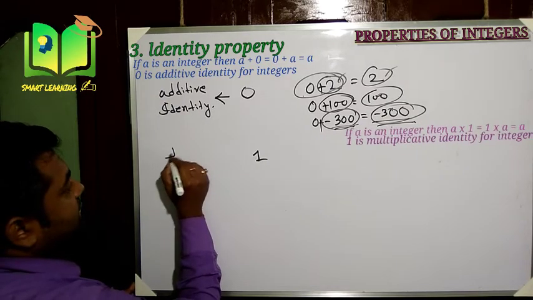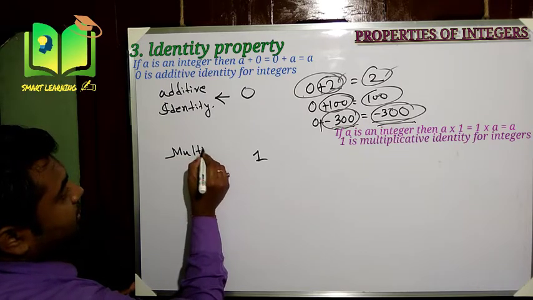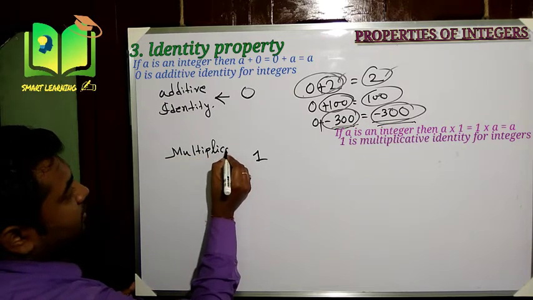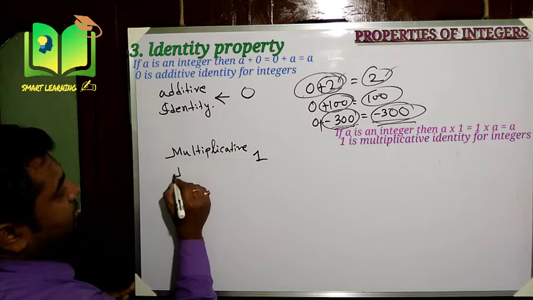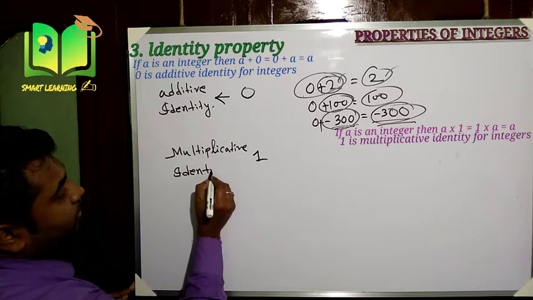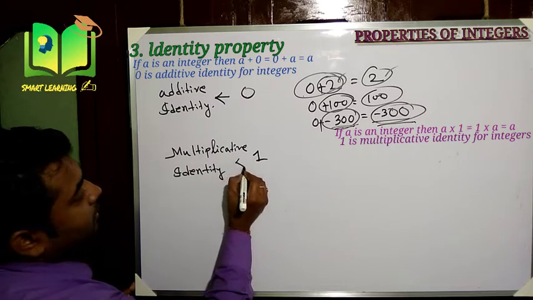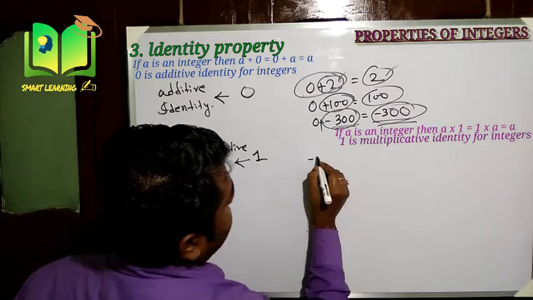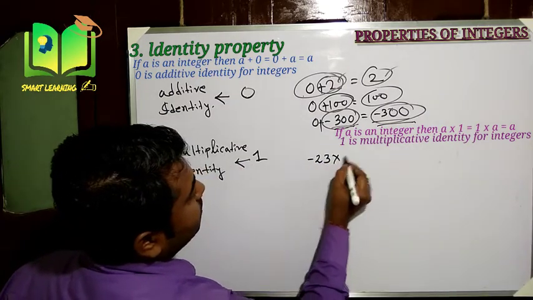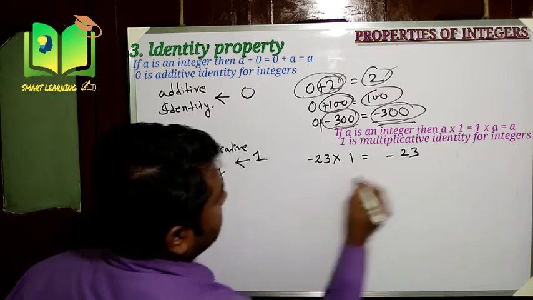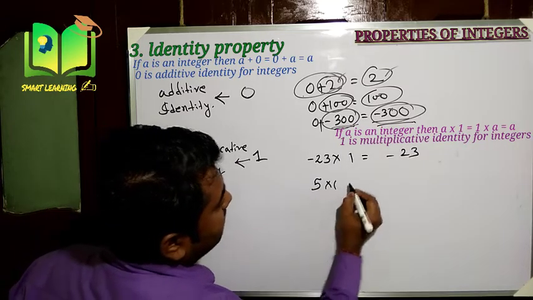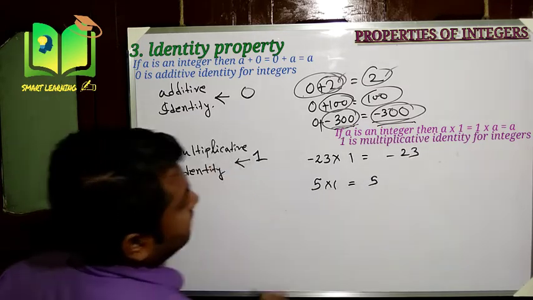Now see the multiplicative identity. Suppose you are multiplying minus 23 into 1. Your answer is minus 23. Suppose you are multiplying 5 into 1, your answer is 5.